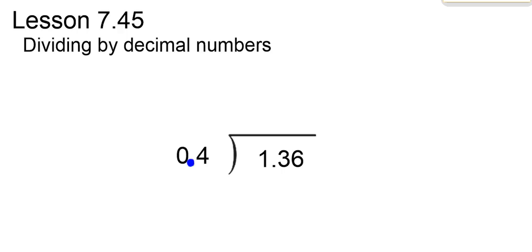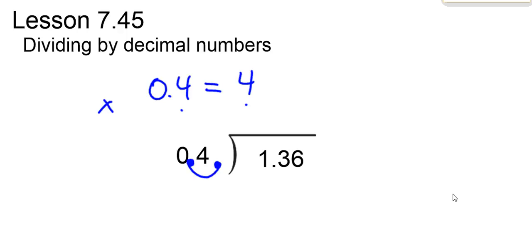What we're going to do is use the idea of equivalent problems to help us solve this. I'm going to take this 0.4 and move the decimal right here. That takes 0.4 and turns it into a whole number of 4, and we can divide by a whole number. How did this transform into this?